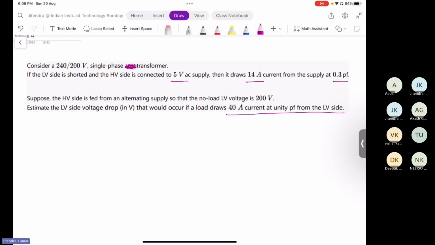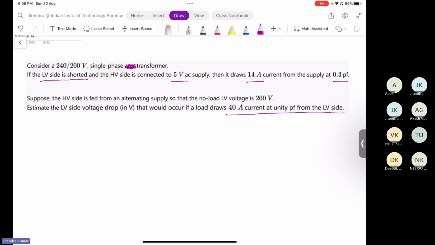First thing is we need to identify the circuit parameters, resistances and reactances. So for that, we must know certain things. If the LV side is shorted, it means it is talking about the SC test. You can infer from this statement that it is talking about a short circuit test.